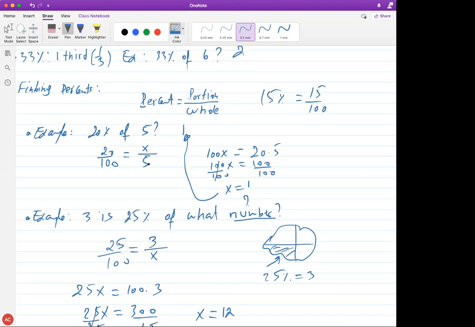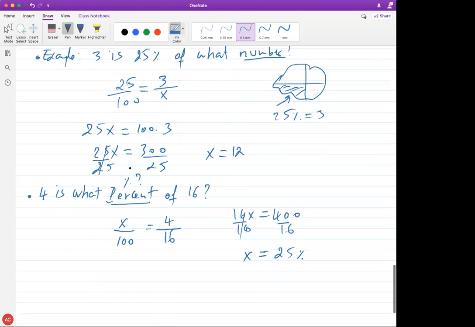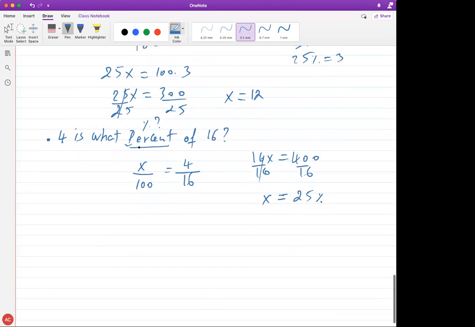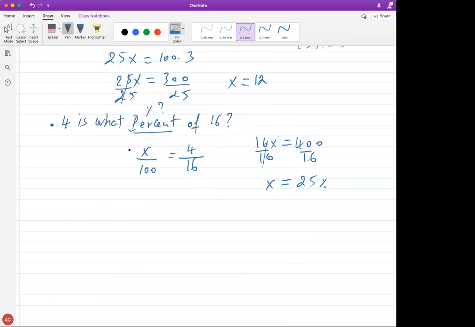It could be anywhere here, here, or there. So read the problem a couple of times. Make sure you put the x in the right place. Otherwise, you may not get the correct answer you're looking for. What else? Okay, so that's pretty much it for today.